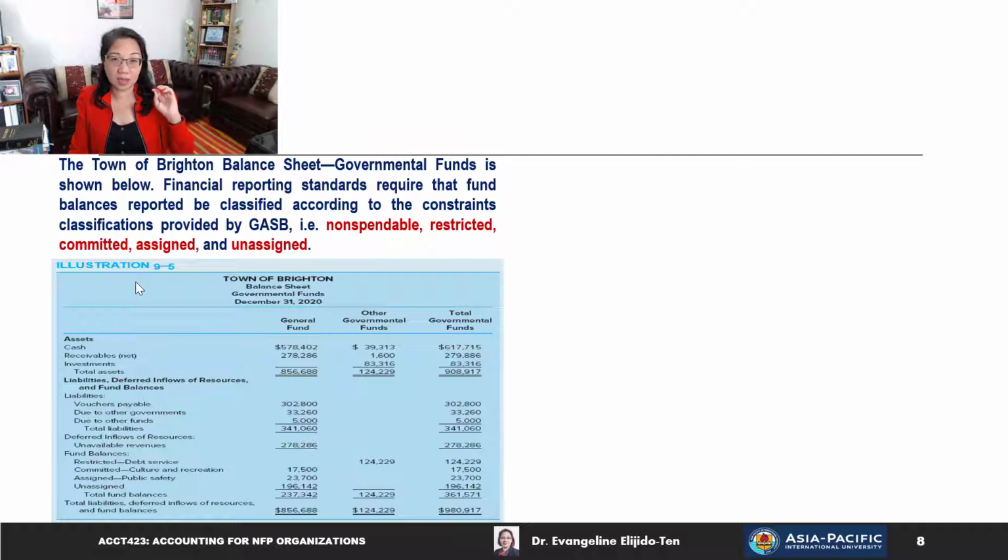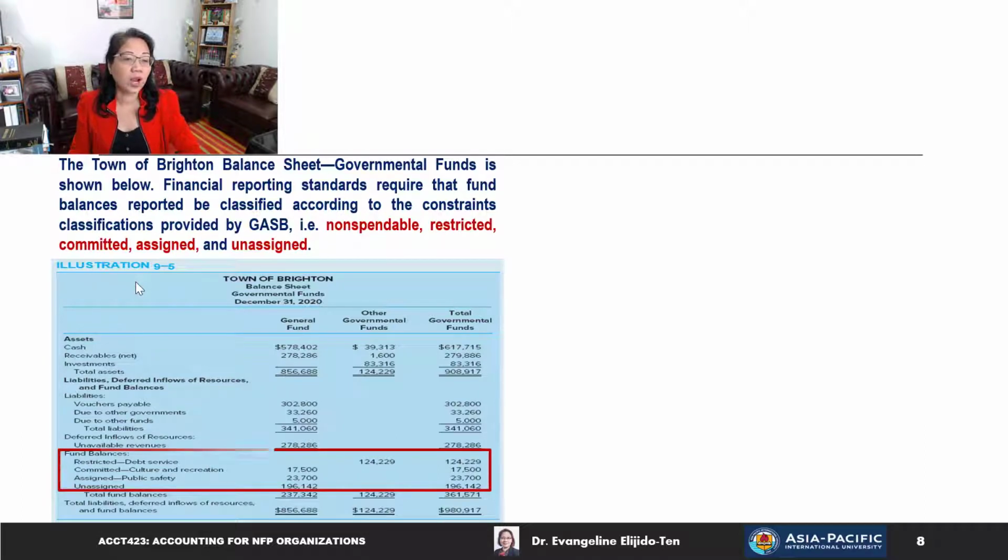So these are the 5 different classifications: non-spendable, restricted, committed, assigned, and unassigned. So the town of Brighton, as you can see here, has 4 of those classifications. They have the restricted for debt service, they have the committed for culture and recreation, assigned for public safety, and of course the unassigned portion.